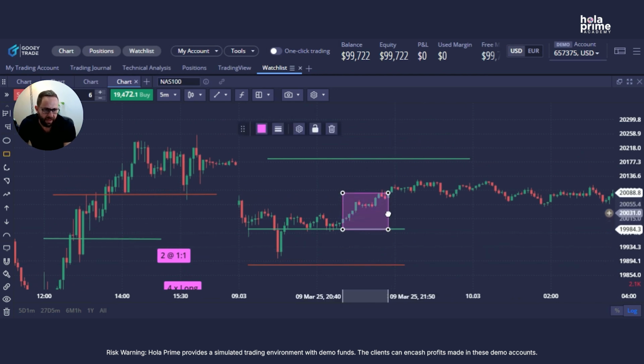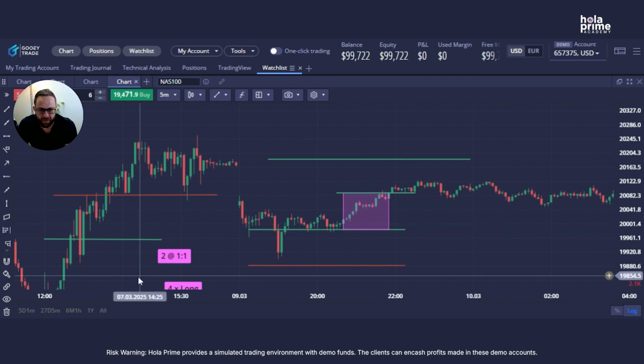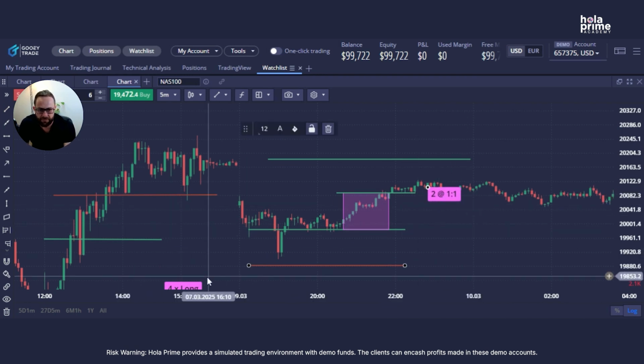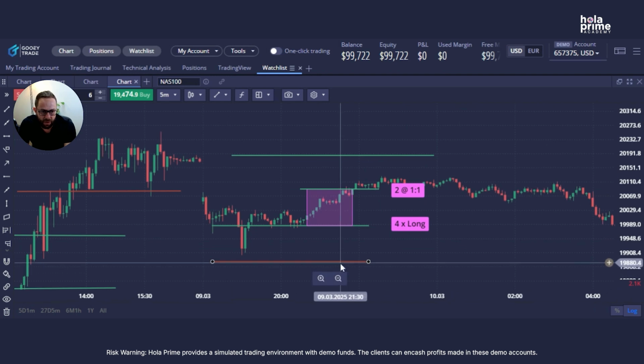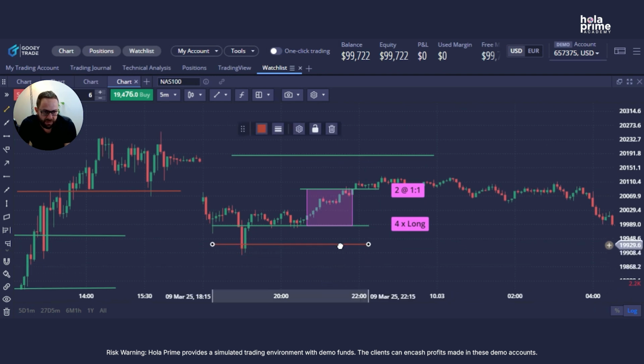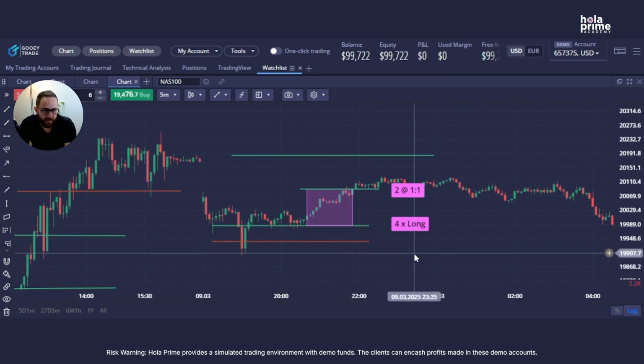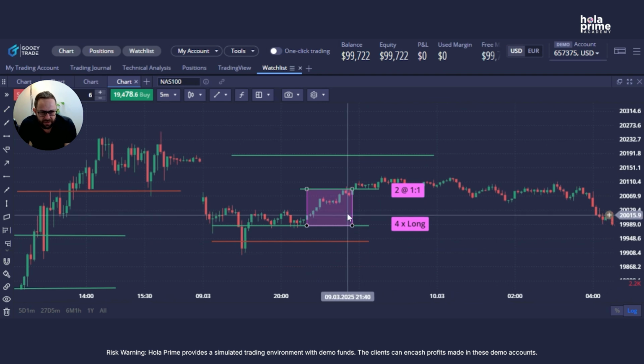If price reached a 1 to 1 level, right over there, which it did, then I would have taken half of my position off. And then for the remaining half that's in the market, I will then move my stop loss to midway. Right? In this case, 1 to 1.5.